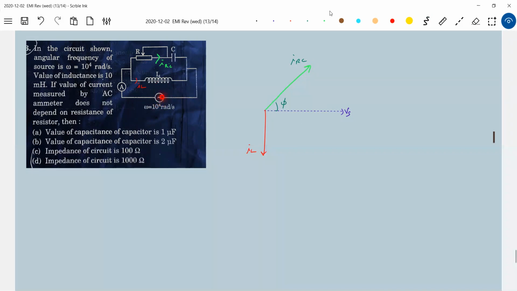If you assume a phase angle of 30 degrees, then Vs will come like this, then IL here, then IRC here. Unnecessary mathematics will be invited, no? So this is the reference for us. Let the phase of voltage be zero.